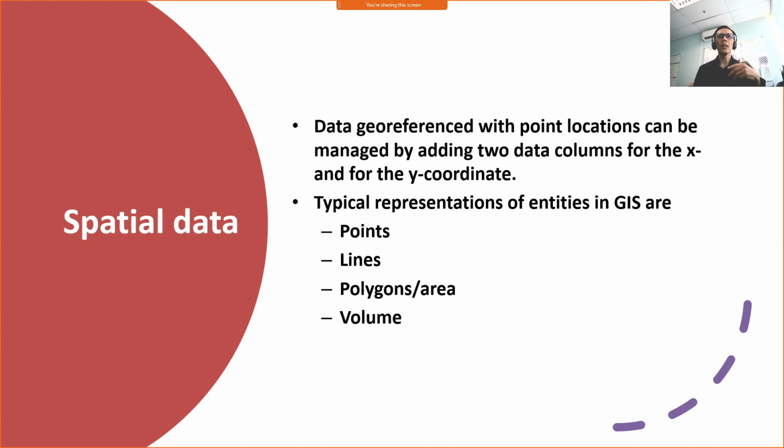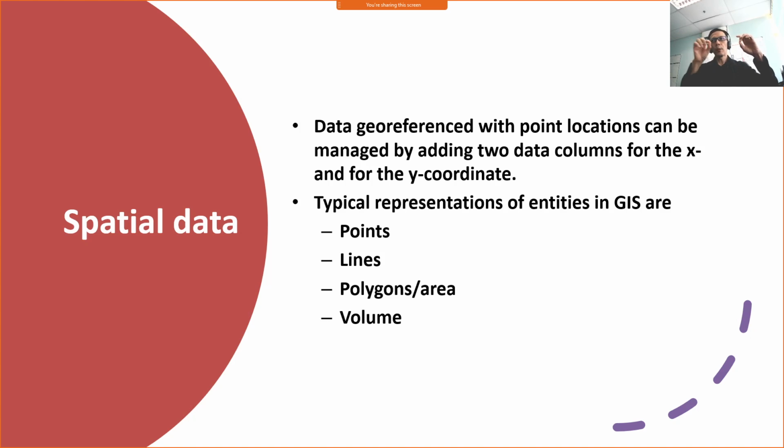And when you present your data as spatial data, number one, you present it as points. For example, you see maps, and then you see points, for example, points of COVID-19 cases. Dots.